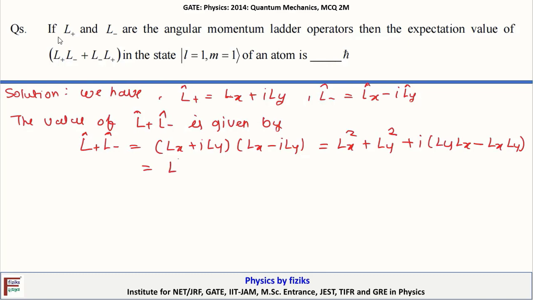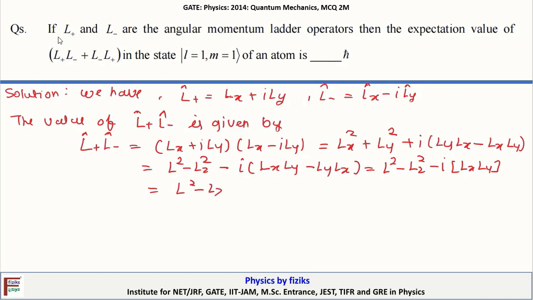This term can be written as L square minus Lz square minus I (Lx Ly minus Ly Lx), further modified as L square minus Lz square minus I times the commutator of Lx and Ly, and this can be further written as L square minus Lz square minus I times (I h cross Lz), which can be written as L square minus Lz square plus h cross Lz.